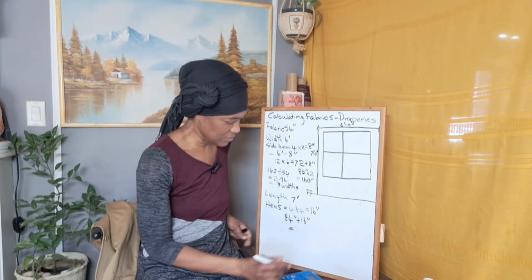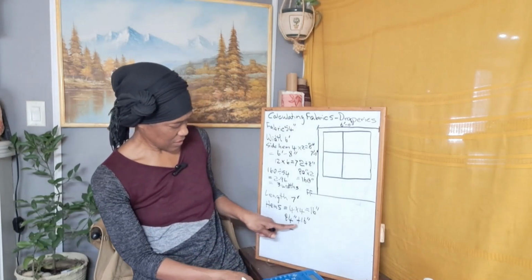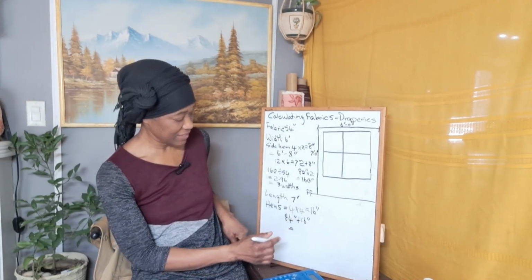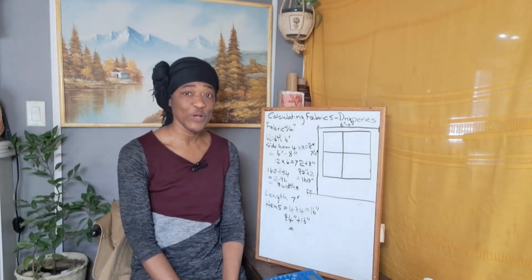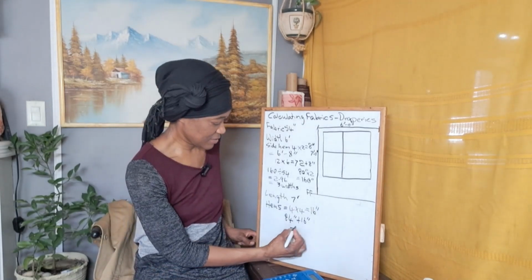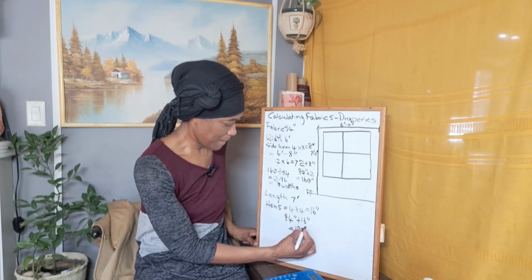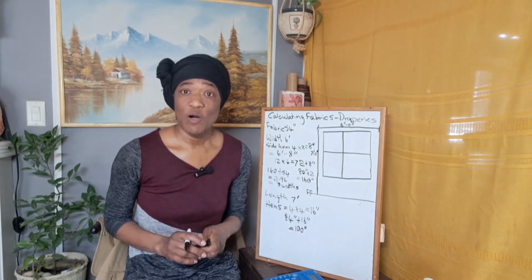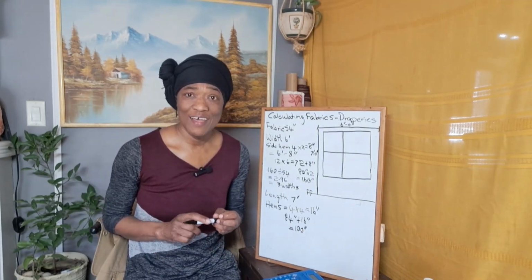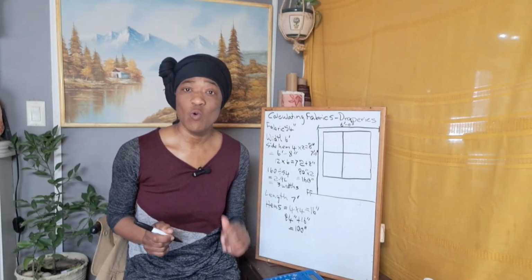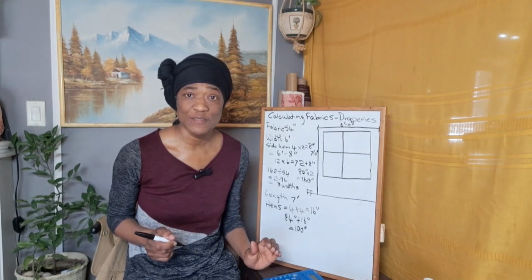And that's going to give us 6 and 4 is 10, 8, 1, 9. That's 100 inches. So our overall length is 100 inches.